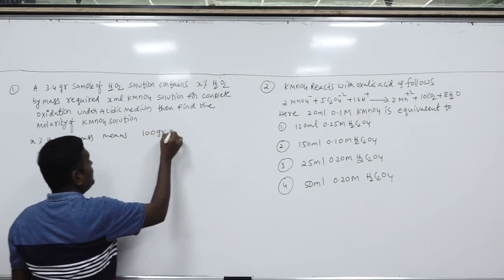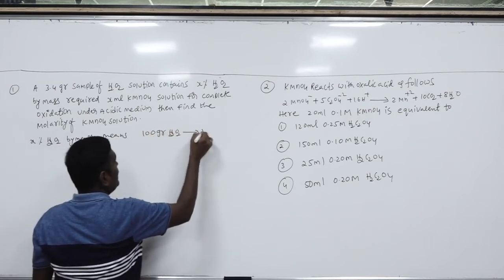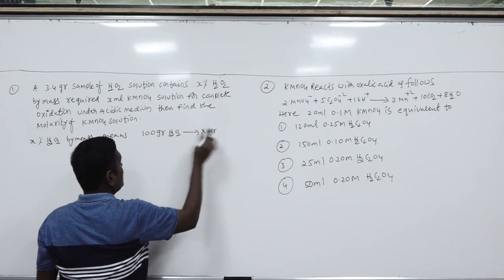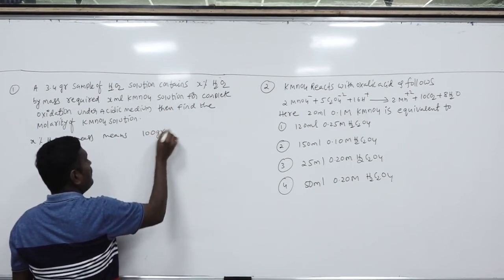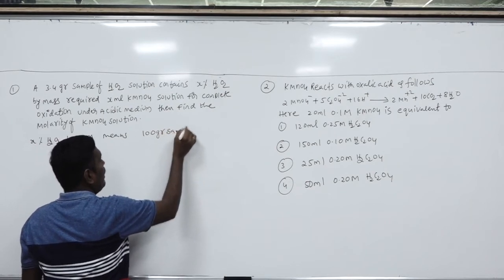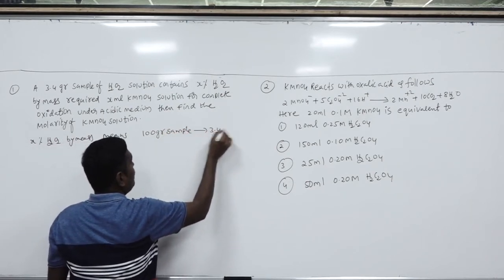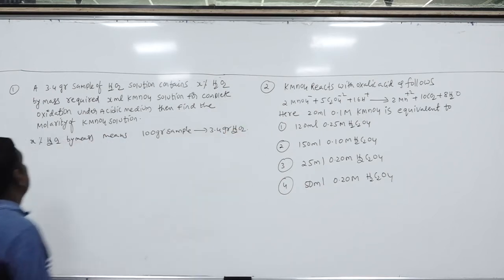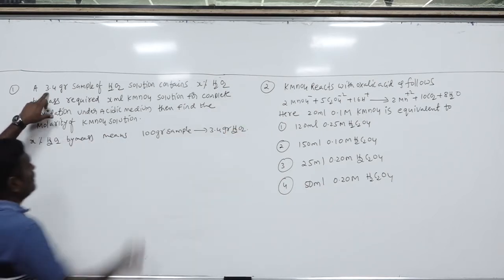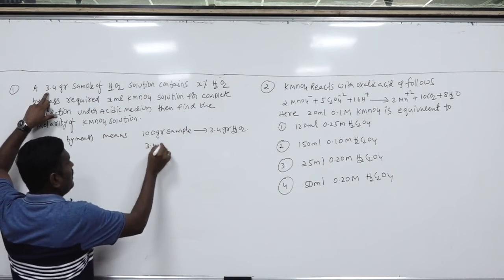100 grams of sample contains X grams of hydrogen peroxide. But the actual sample given to you is 3.4 grams.